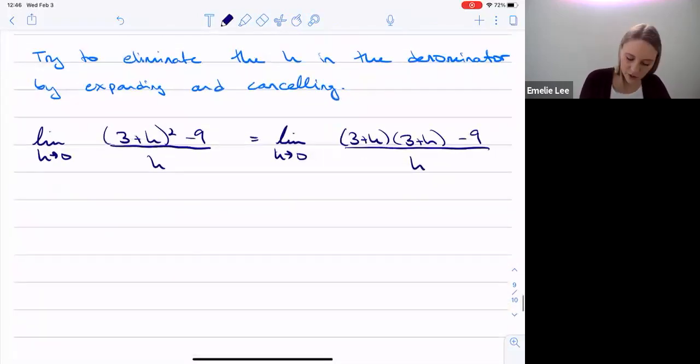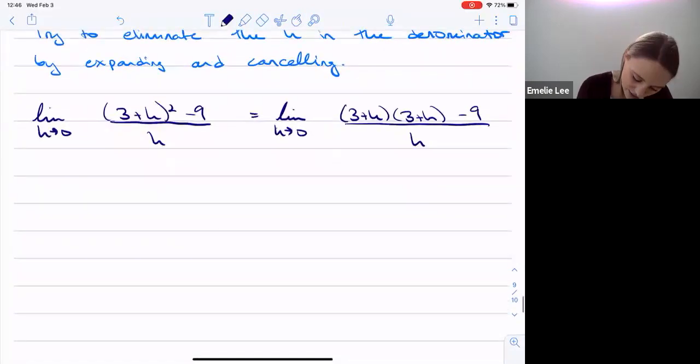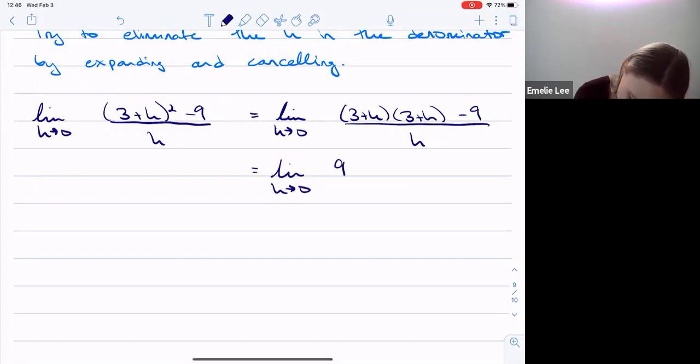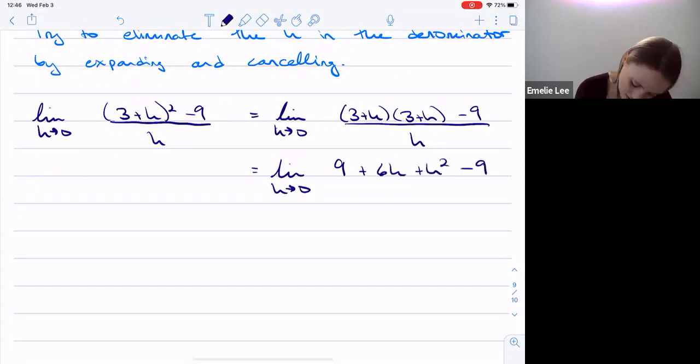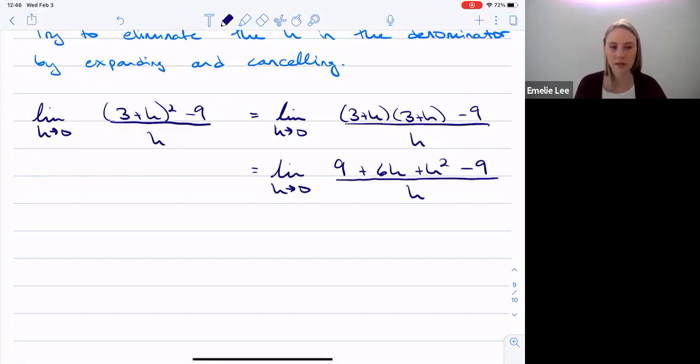So far, I haven't changed the overall function. But I will once I expand this and cancel those 9s. So I have the limit as h goes to 0 of 3 times 3 is 9, plus 3h plus 3h, so plus 6h plus h squared, then minus 9, over h.